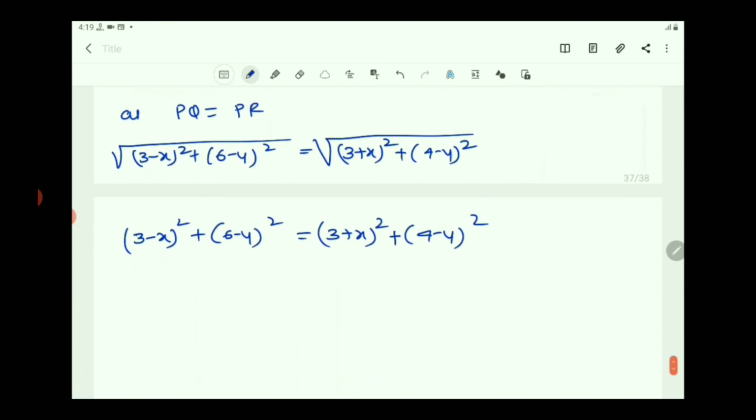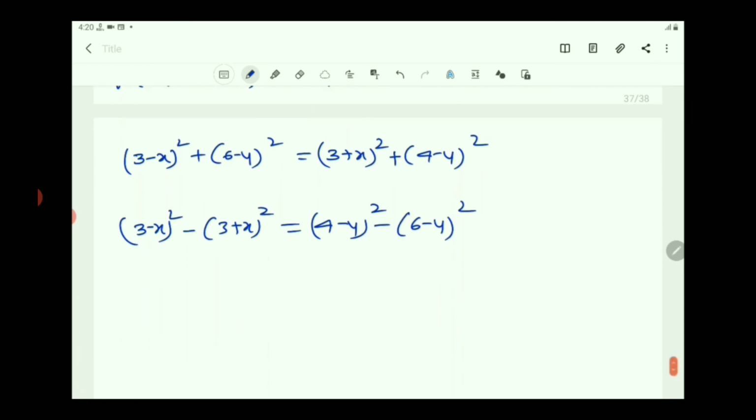Then here you bring (3 minus x) whole square minus (3 plus x) whole square. Here you take (4 minus y) whole square minus (6 minus y) whole square. You can use the identity a square minus b square equals (a plus b) into (a minus b). So it becomes (3 minus x plus 3 plus x), one factor, and the other one is (3 minus x minus 3 plus x).